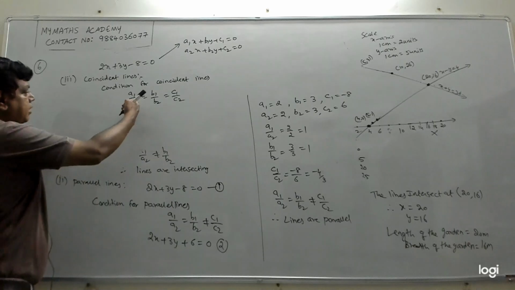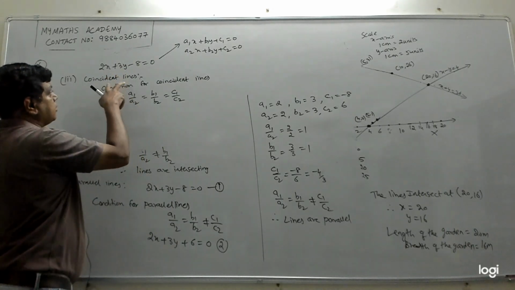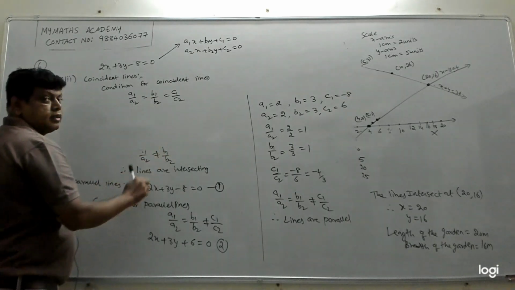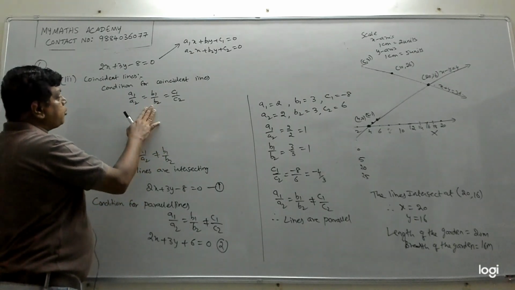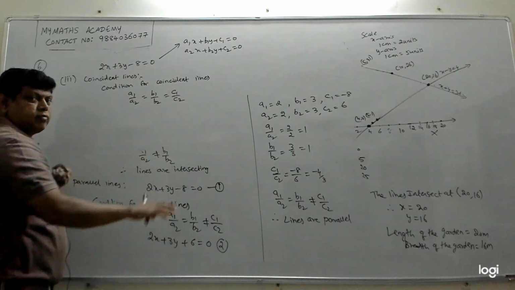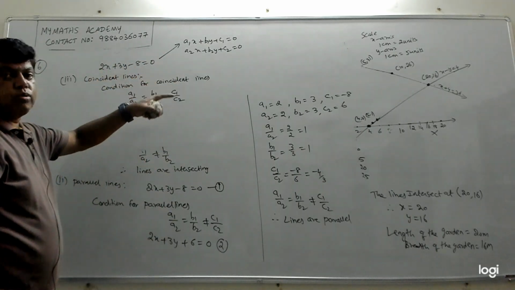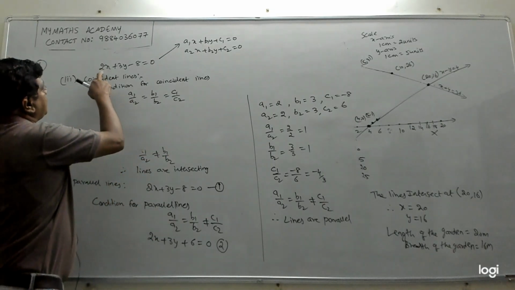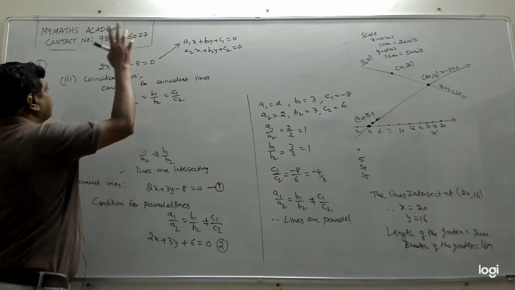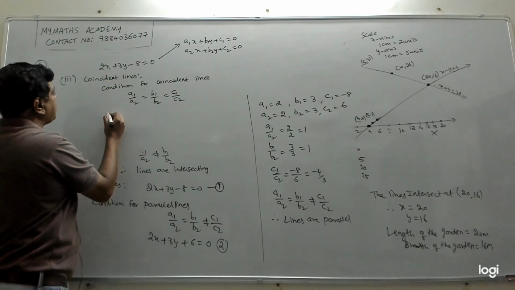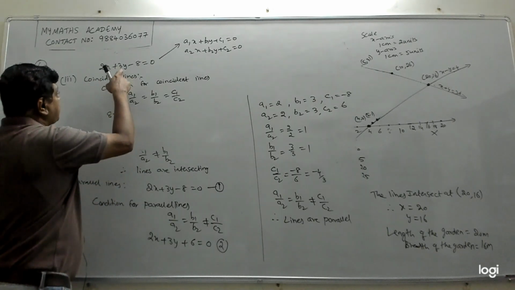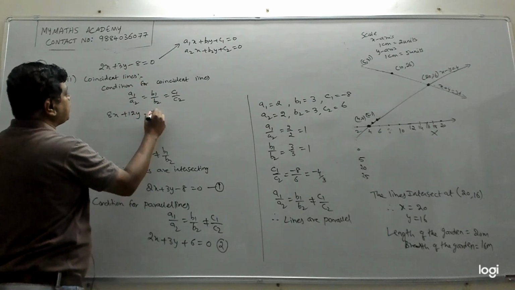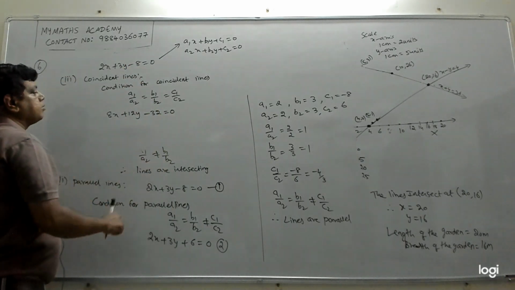So we should form another equation. This is the given equation. We need to find another equation such that this condition is satisfied. For that it is very easy. You multiply this throughout with some number, suppose 3 or 4, anything. I'll multiply all these through by 4. So 2x becomes 8x, 3y becomes 12y, and minus 8 becomes minus 32, equal to 0.